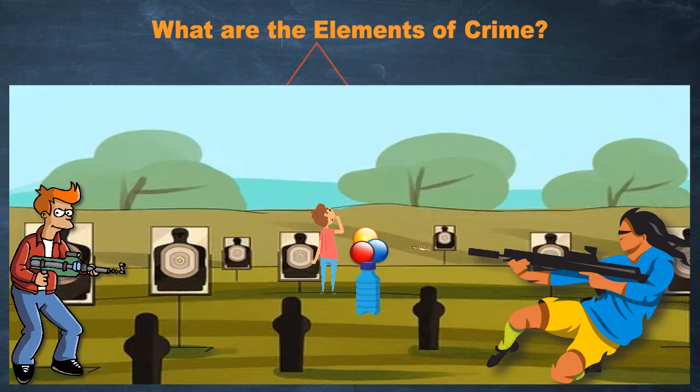Behind the ball there was a person, and he died. So in this case, what happened? Actus rea is there because B did it. B committed a crime. He murdered someone, but there was no mens rea, isn't it? Because he didn't know what he was going to do.